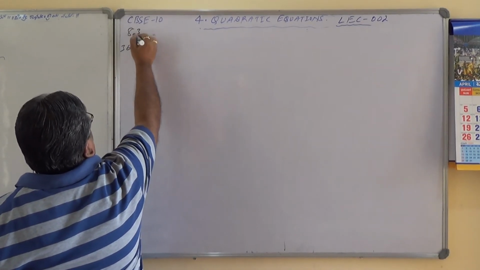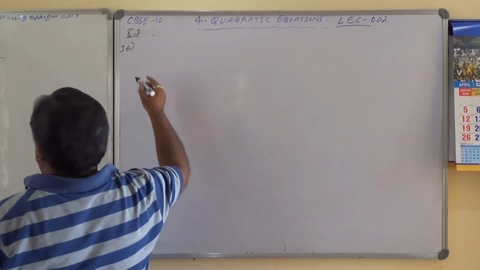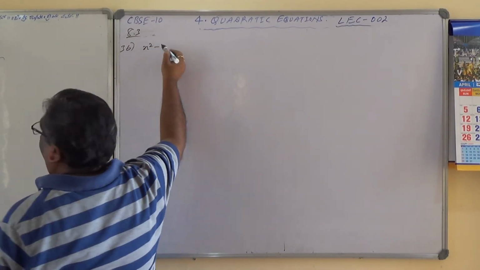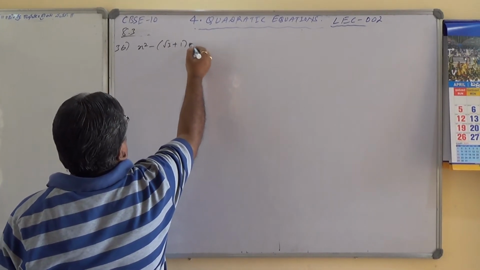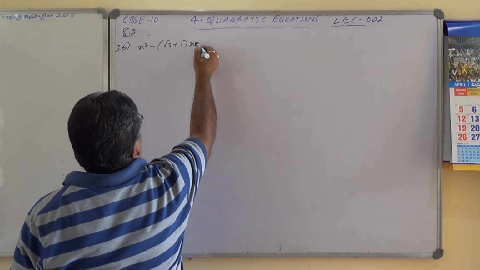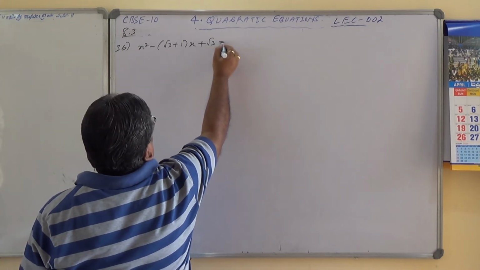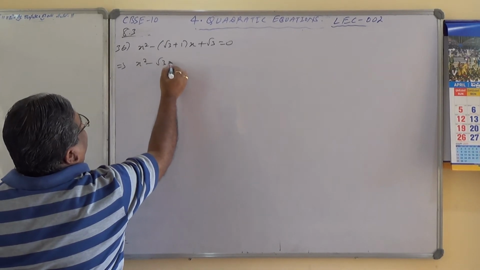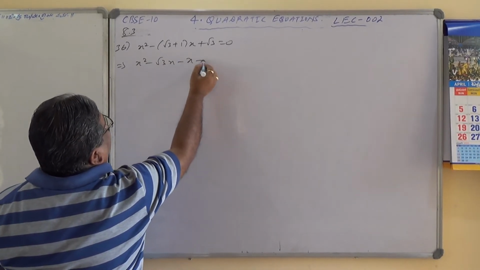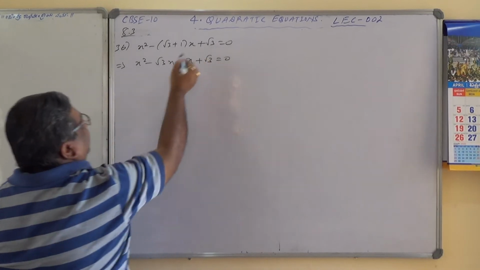Exercise 8.3. Okay, 36. x square minus root 3 plus 1 times x plus root 3 equals 0. Okay, fine. Implies x square minus root 3x minus x plus root 3 equals 0. Open the bracket.